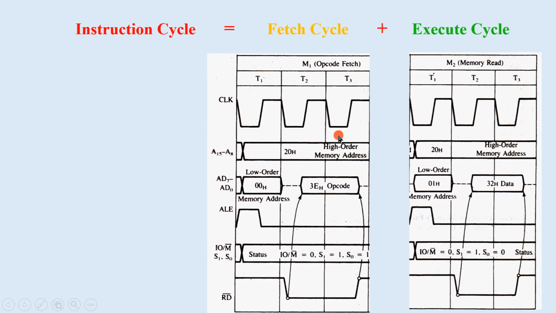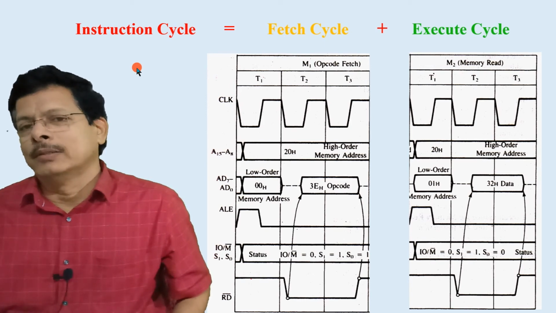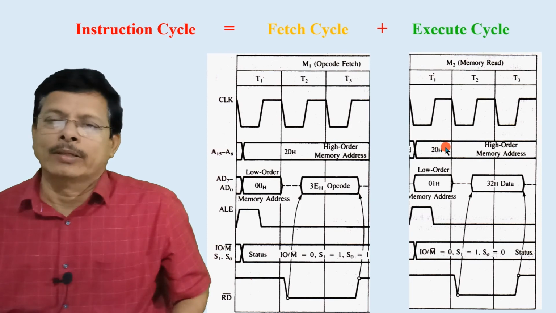So here this is the opcode fetch cycle, and the second one is the memory read, and of course this is the result, and there is one clock T transition here, during which it executes. So this is how you can remember the instruction cycle: fetch cycle and execute cycle.